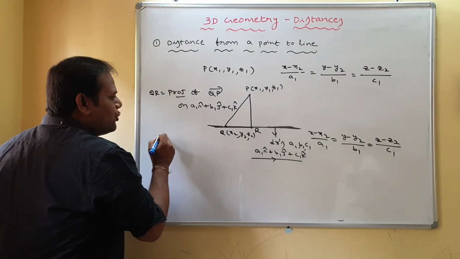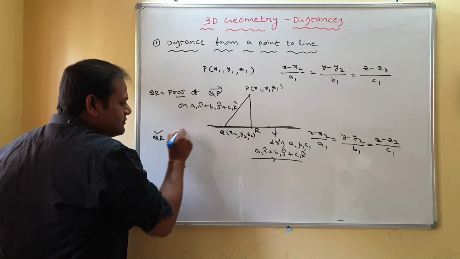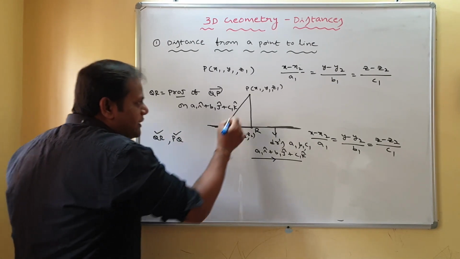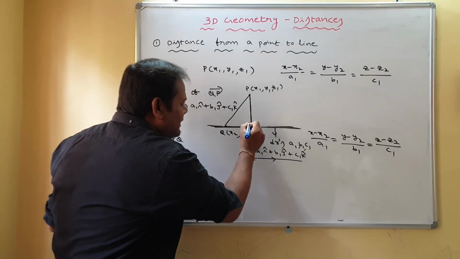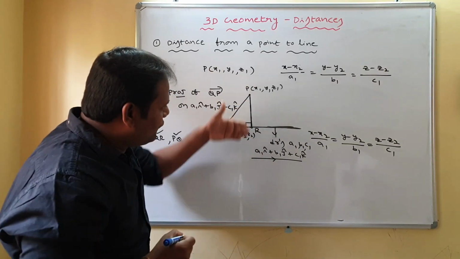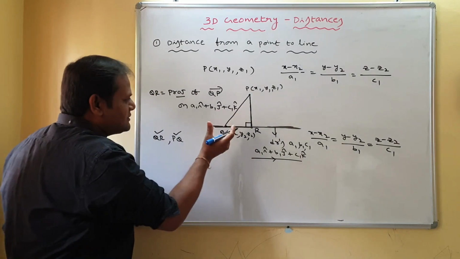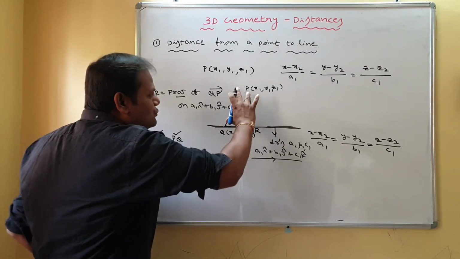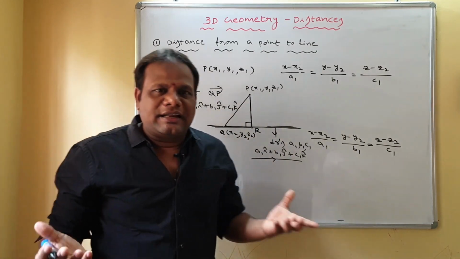So, after knowing QR length and PQ length, can you find the required length PR? Yes, it is a right angle triangle. We can find it using Pythagoras theorem. After having these two sides, you can find the length PR, that is the required distance.